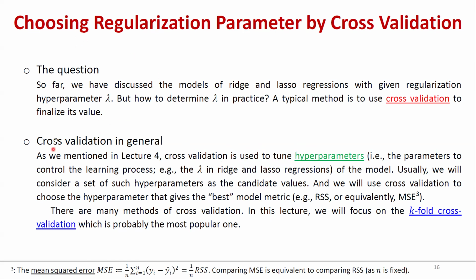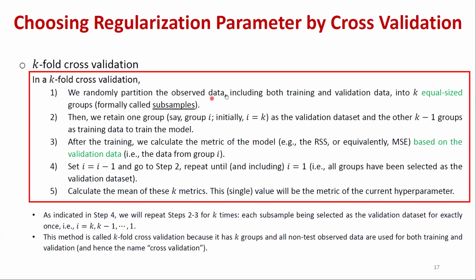Everything I say about cross-validation is in terms of the training data and validation data. Okay, so for both training and validation data, I partition all the observed data into k equal sized groups. We call them subsamples.